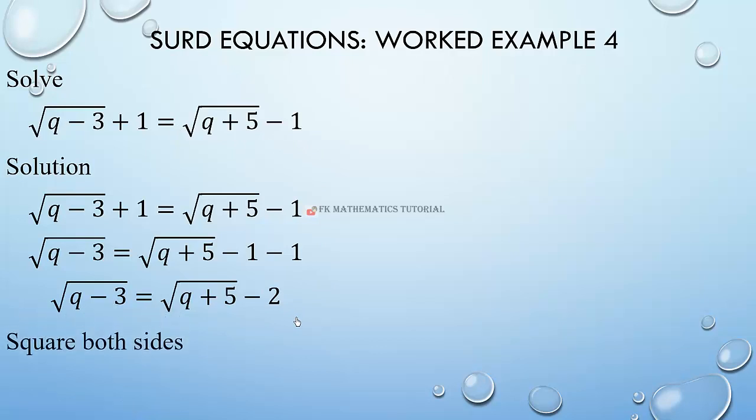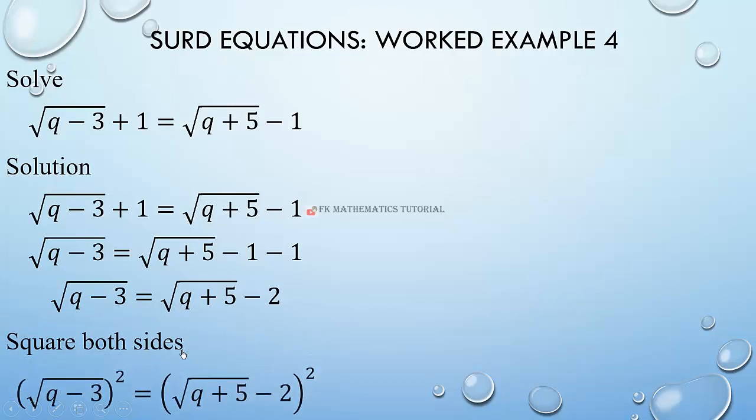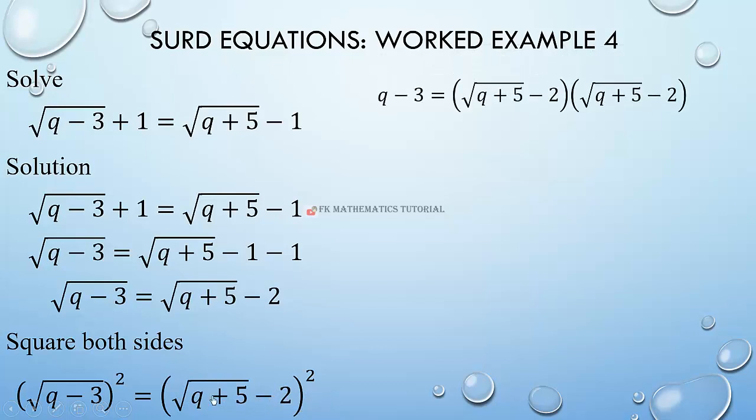So squaring both sides gives us what you are seeing here. This will take care of the square root. And again, notice that square root of q plus 5 minus 2, all squared, will mean that this expression is multiplying itself two times.